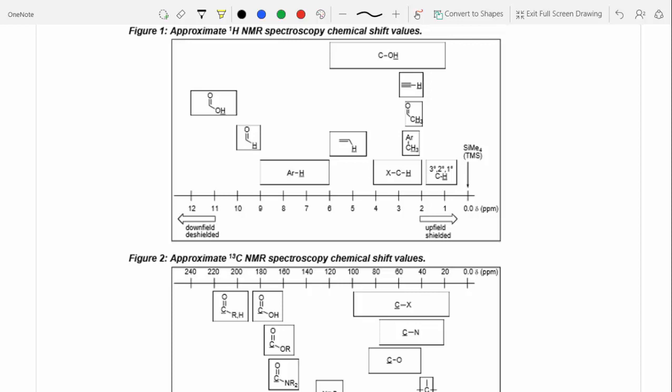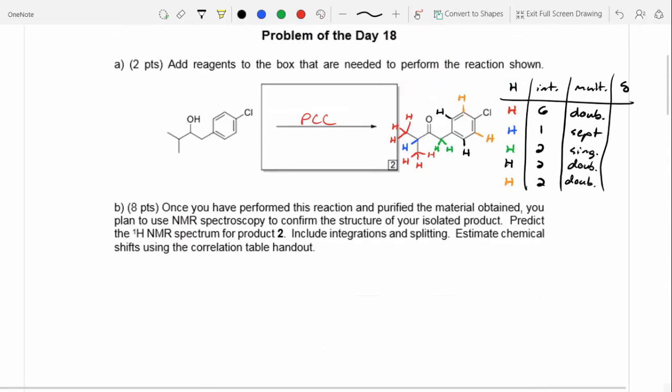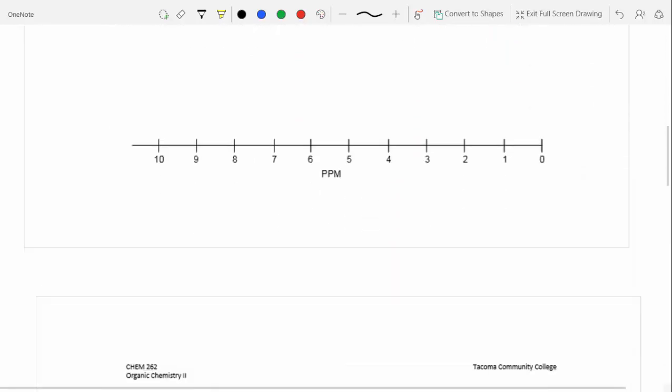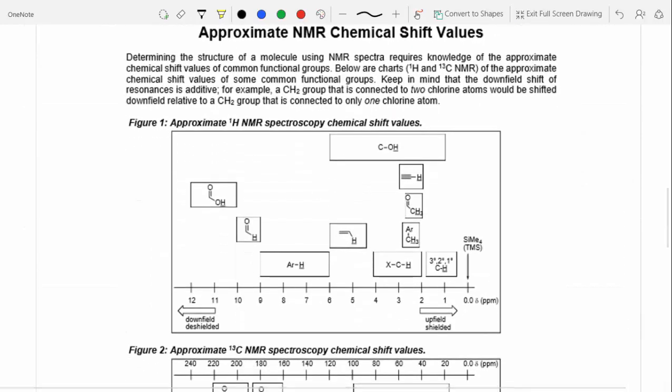So for example, let's go up and look at our red protons. You see how our red protons are coming off of a methyl group? It's a CH bond. You could go down to our cheat sheet and say, well, CH bonds typically show up anywhere from 0.5 to 2-ish, right? So that's an approximate range you could expect to see those red protons.